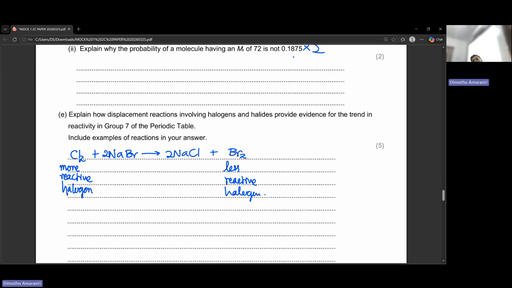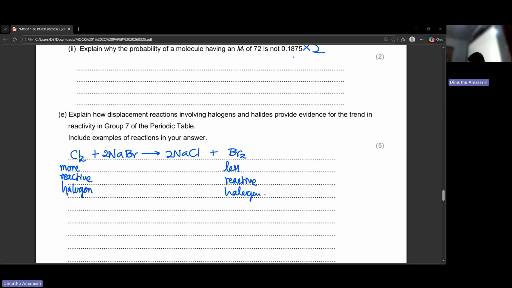Reactivity of halogens decreases down the group.